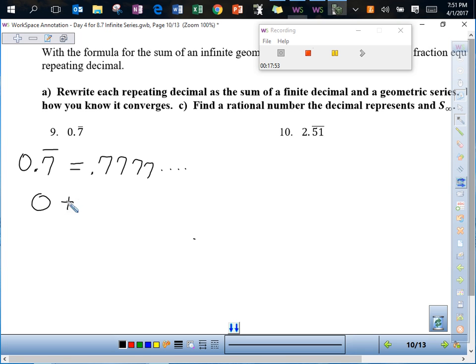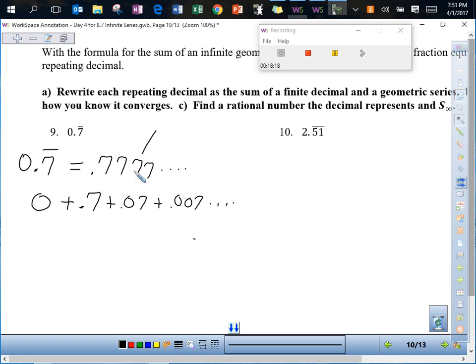Now here's where the trick comes in. This is really 0.7 plus 0.07 plus 0.007, and I can do that forever. I got 0.7, and then to get to the next 7, I need a 0.07. To get to that one, I need a 0.007.